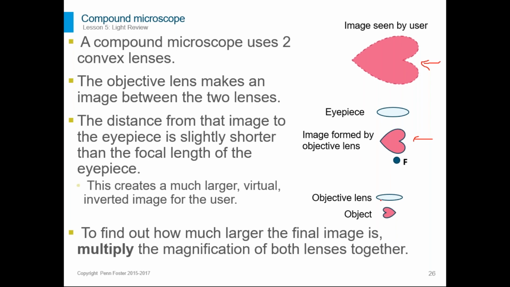But the idea here is you've got two lenses. They are both magnifying the image. So to find out how much larger the final image is, you multiply the magnification of both lenses. You take the number for the objective lens, multiply that by the number of the eyepiece, and that tells us how big this final image is going to be.